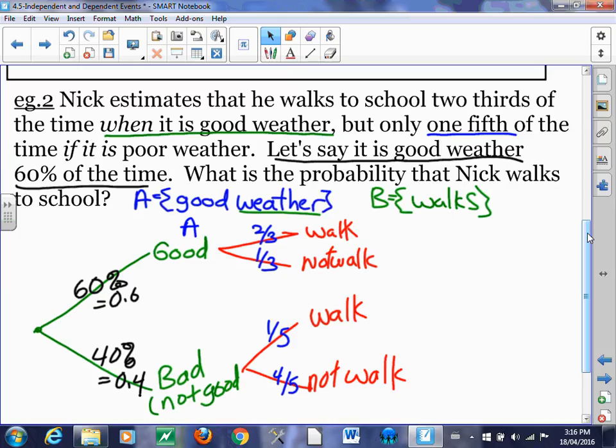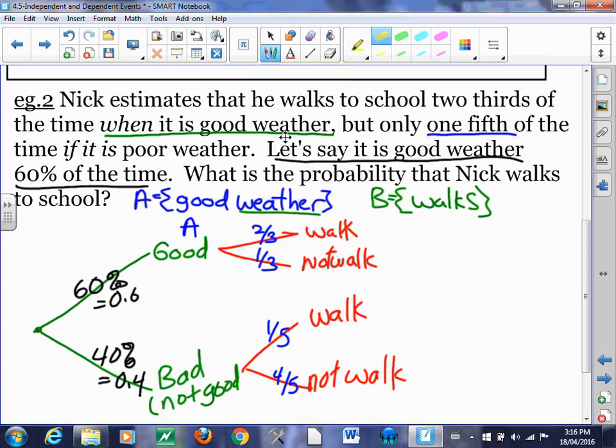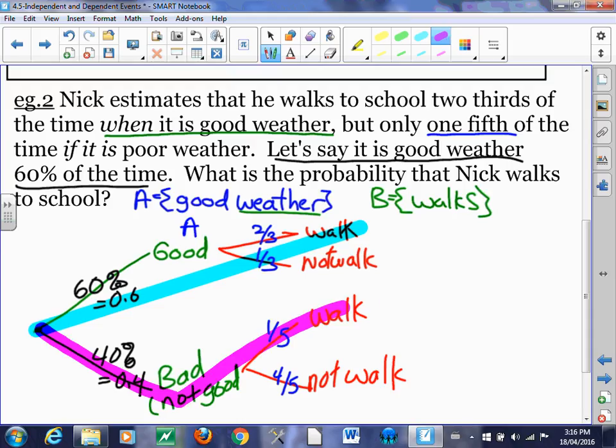Good? Okay. So what I want you to do is realize, what is the probability that Nick walks to school? Well, I'm going to show you 2 different pathways. Hopefully my highlighters will work here. Let's see if we can get a nice highlighter. So first path is if it's good weather, guys. Okay, he walks. Okay, my second path to consider is, hey, if it's bad weather, he can walk.